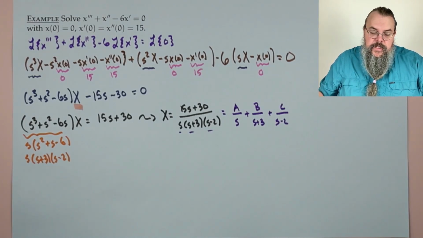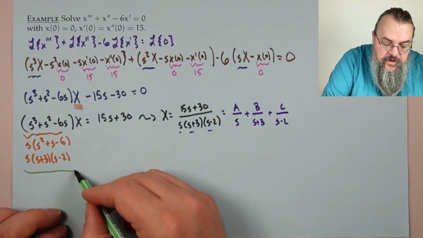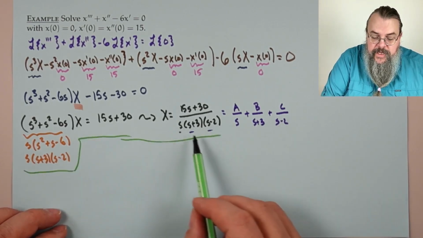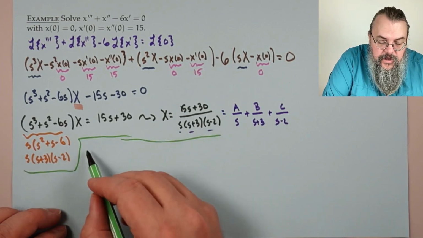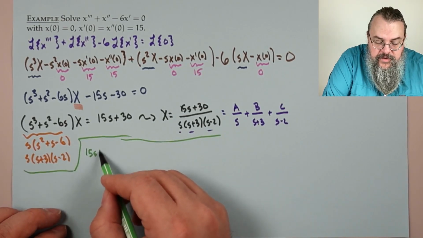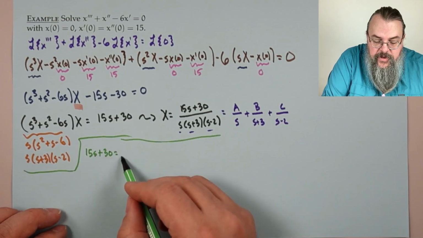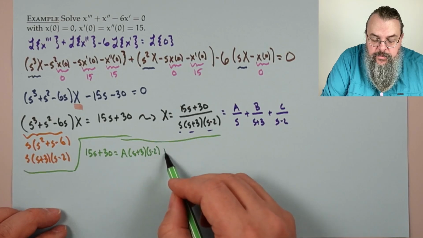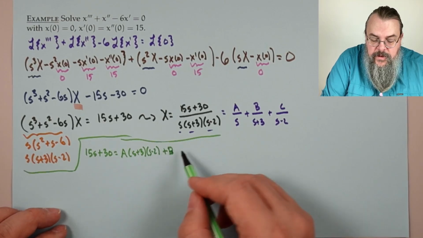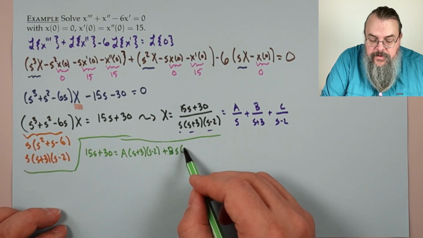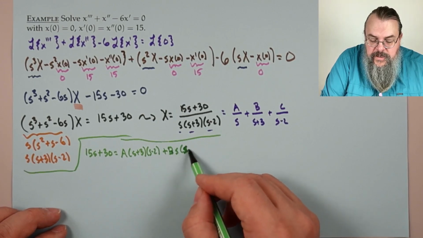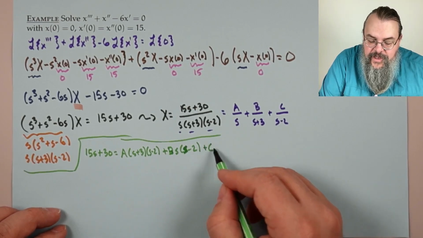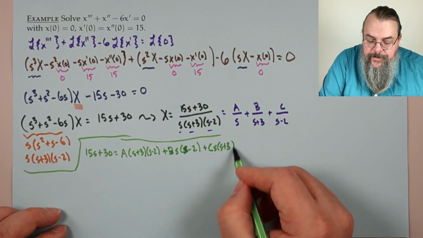Well, let's give ourselves some space and see what we can figure out. Multiplying through by s times s plus 3 times s minus 2, we'll get 15s plus 30 is equal to A times s plus 3 times s minus 2 plus B times s times s minus 2 plus C times s times s plus 3.